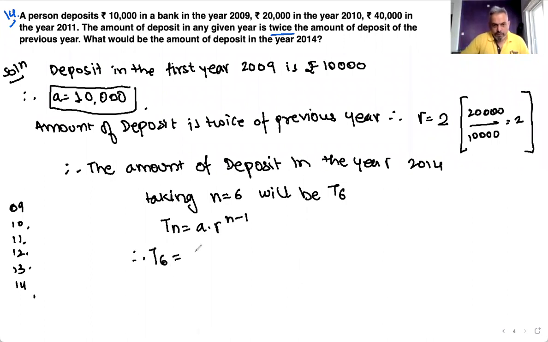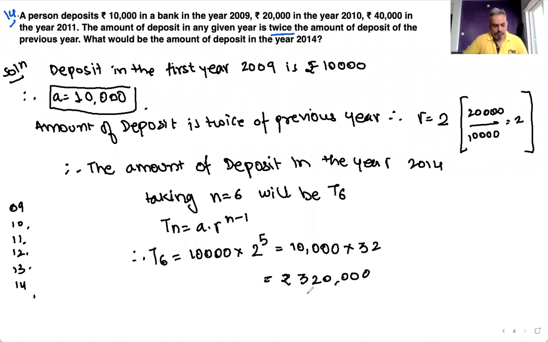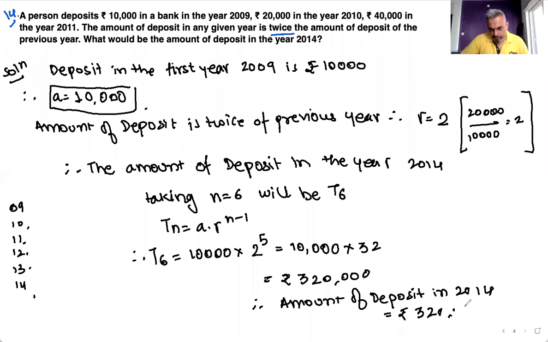Therefore T6 is equal to A is 10,000 into R is 2, n minus 1 is 5, which is equal to 10,000 into 2 raised to 5 is 32, which is equal to rupees 3 lakh 20,000. Therefore, amount of deposit in 2014 is equal to rupees 3 lakh 20,000.